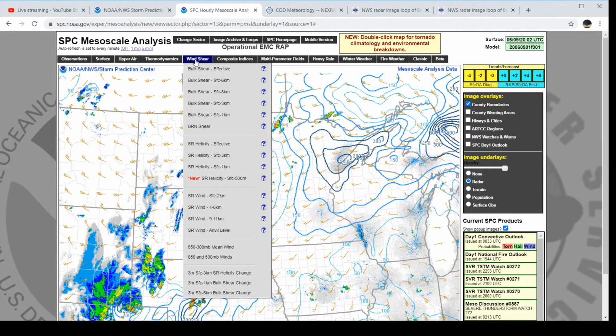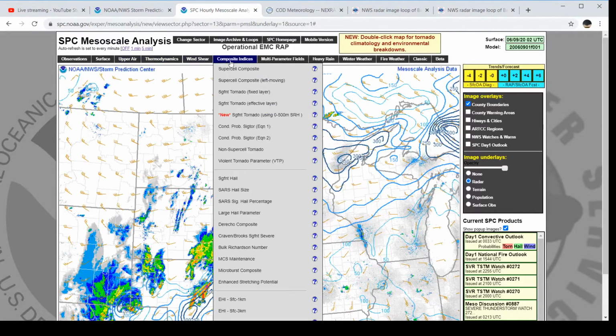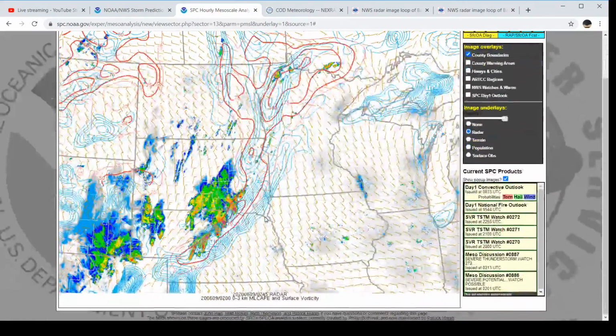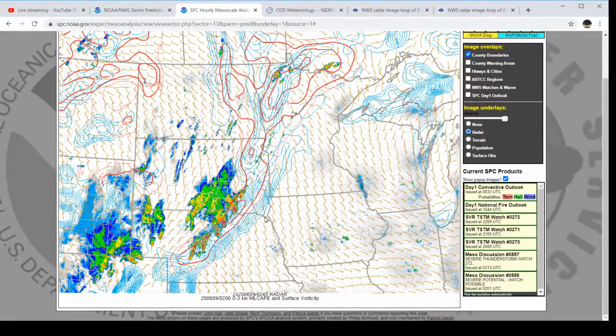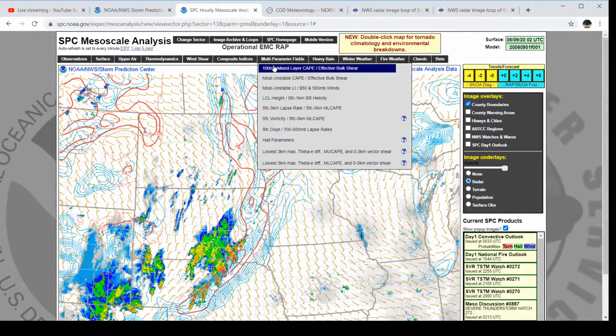See if I can find it again. I gotta find it again. Aha. Now, let's figure out something, shall we? Let's figure out how we read this.